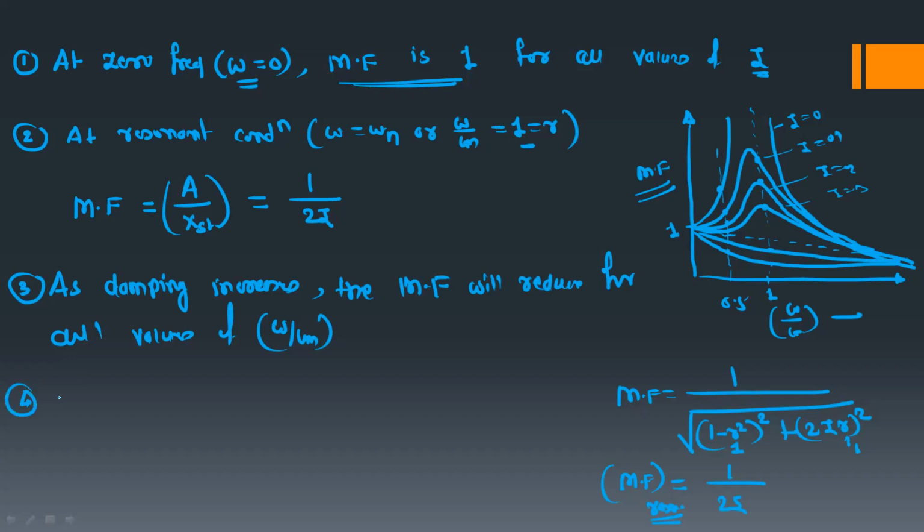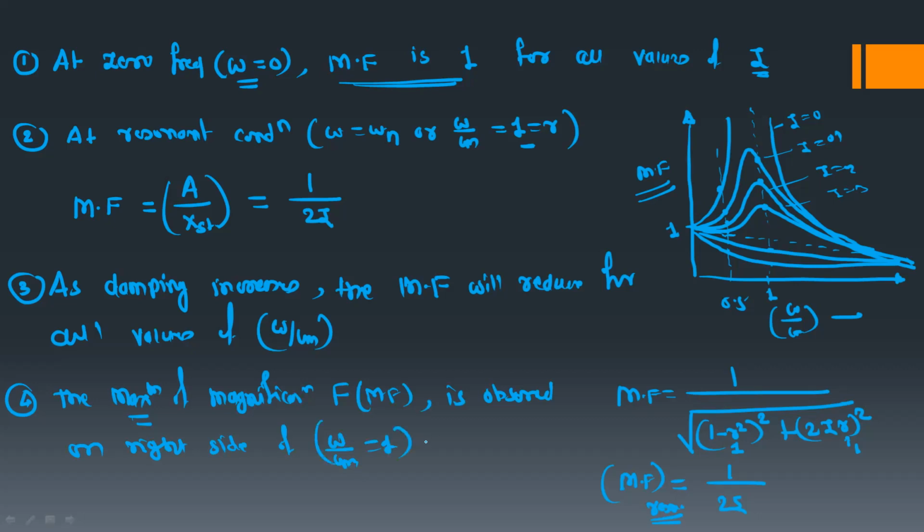And the fourth characteristic is that the maximum value of the magnification factor is observed on the right side of the frequency ratio omega upon omega n equal to 1.